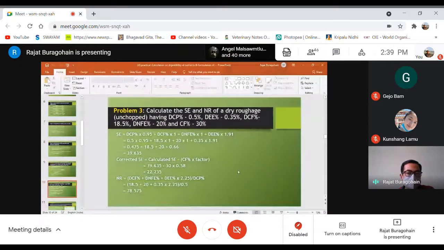If the nutritive ratio is wider, in that case we can say it is an energy feed. It may be an energy feed or an energy-rich feed. And if it is narrower, that means if it is less, then definitely DCP will be more. So you can say it is a proteinous feed or a feed rich in protein. So this interpretation you can make.